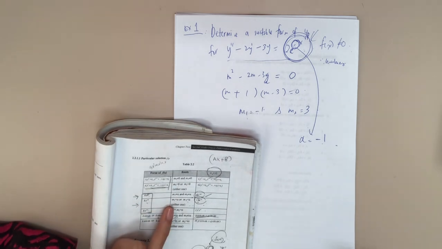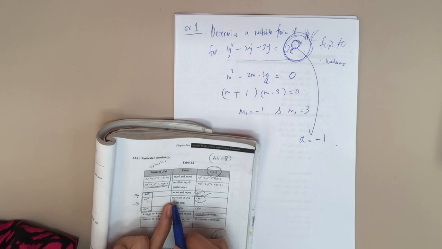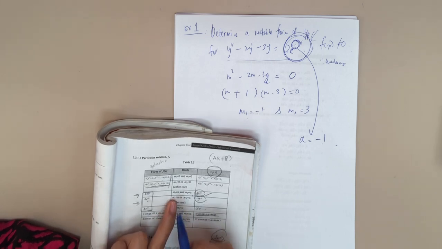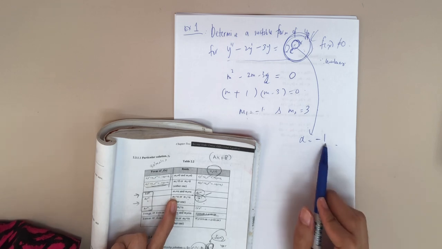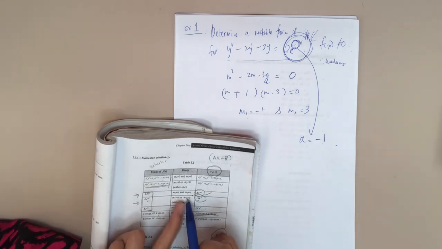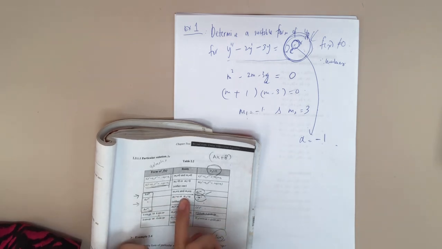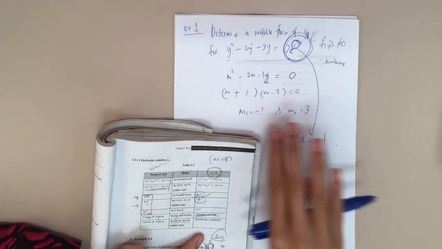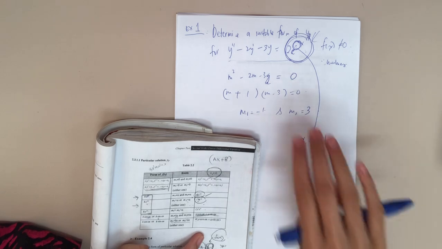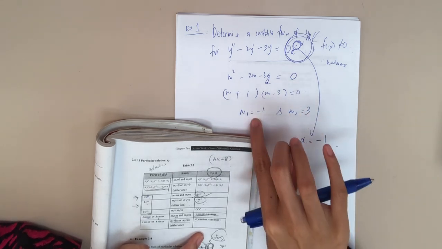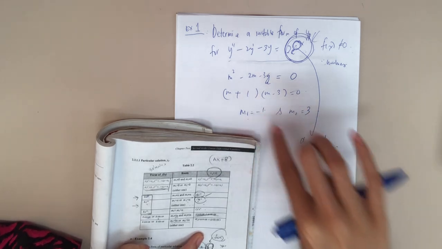So now we move to the second one. The second one is m1 is equal to a, which is your m1 is equal to -1. Yes, your a is -1. Or m2 is, so when it is or, it means whatever number is fine here, no problem with the second value because the first one is already fulfilled.